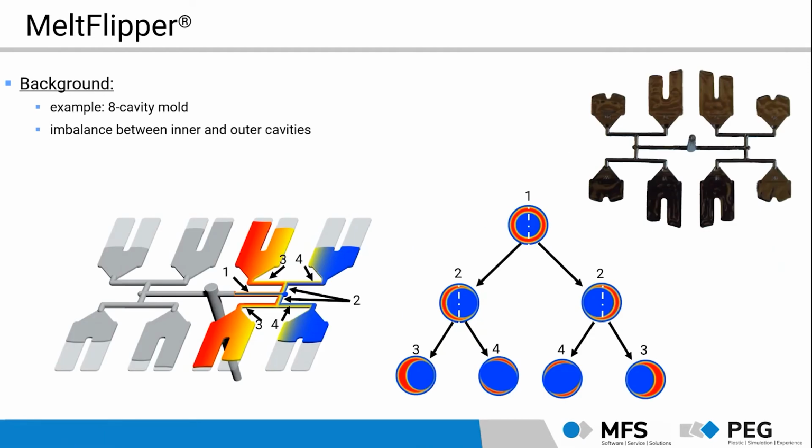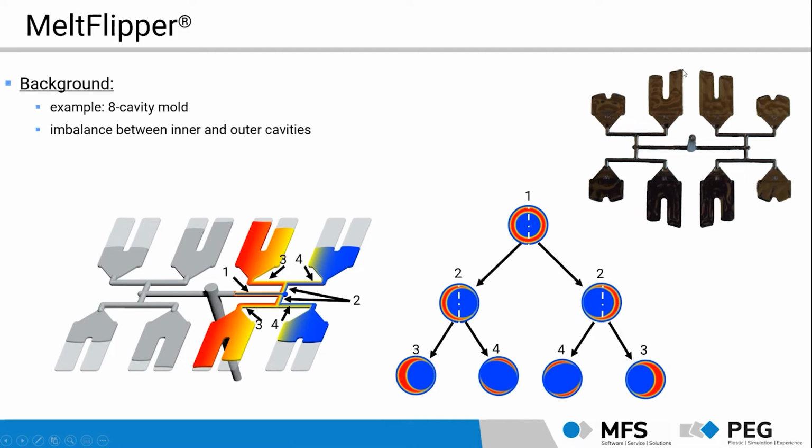Here you see the example I showed you right in the beginning of this presentation. That's the 8-cavity mold, where we observe the cavity-to-cavity imbalance, but also the in-cavity imbalance. You can see that here. We have also an imbalance in the cavity as such.